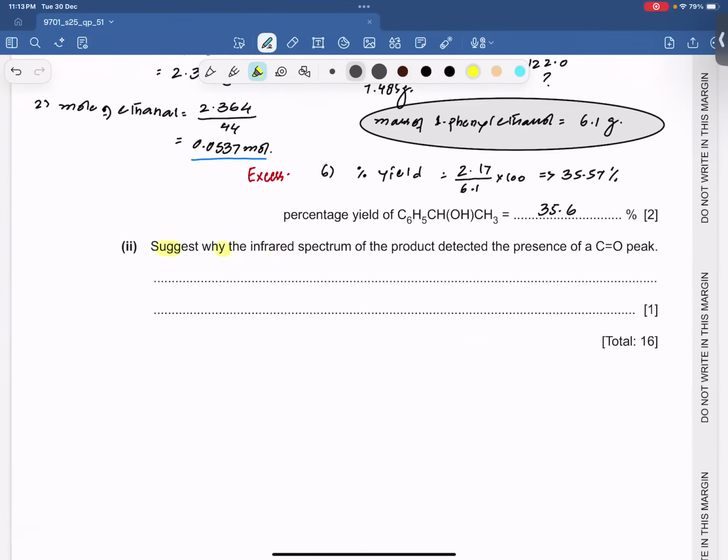Last question. Suggest why the infrared spectrum of the product detected the presence of a carbonyl group peak.